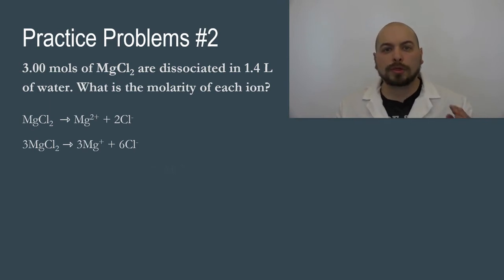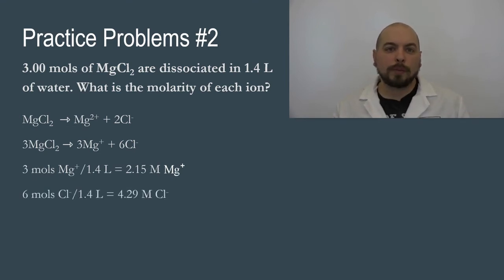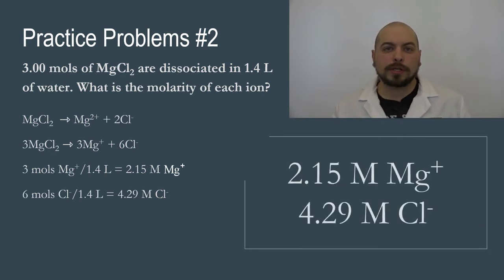So we take our 3 and divide it by 1.4, and we take our 6 and divide it by 1.4. Well, 3 divided by 1.4 is going to be 2.15 moles per liter, which means that our magnesium ion concentration is 2.15 molar. 6 divided by 1.4, that's 4.29 moles per liter, which means that our concentration of chloride ions in solution is 4.29 molar.